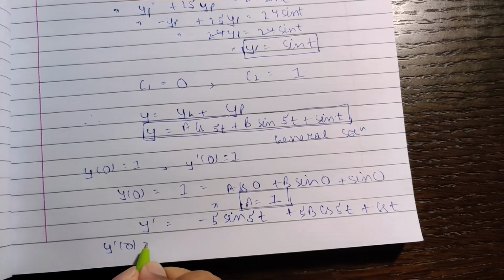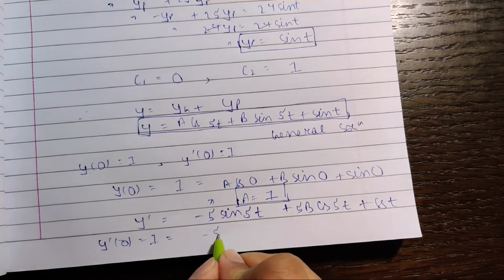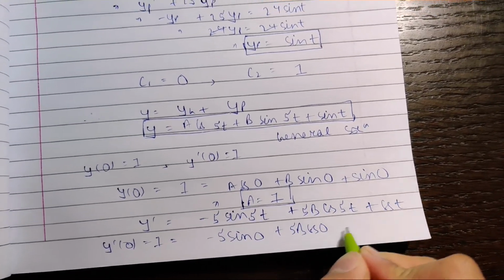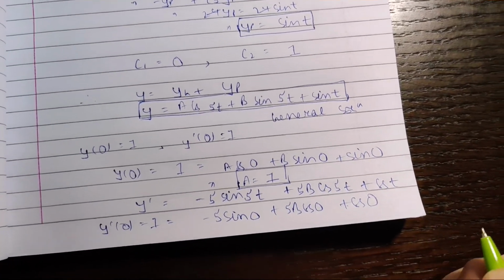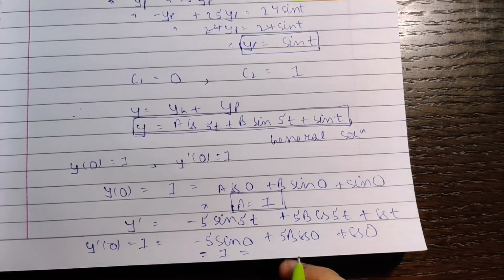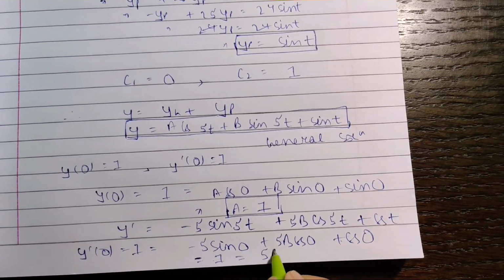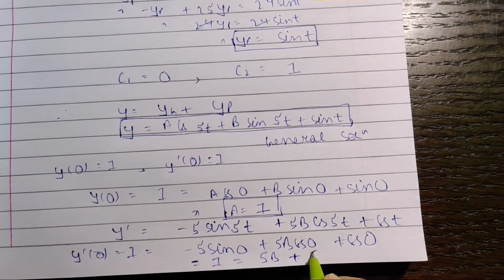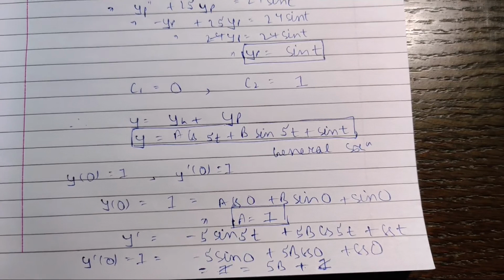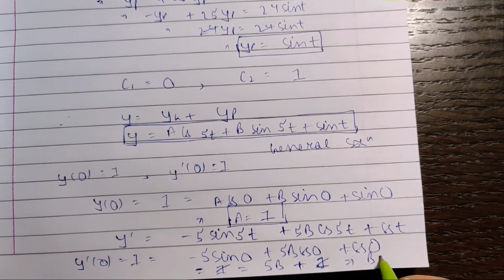So y dash 0 is equal to 1 is equal to minus 5 sin 0 plus 5b cos 0 plus cos 0. So here you will get 1 is equal to 5b plus 1. So 1 gets cancelled. So b turns out to be 0.